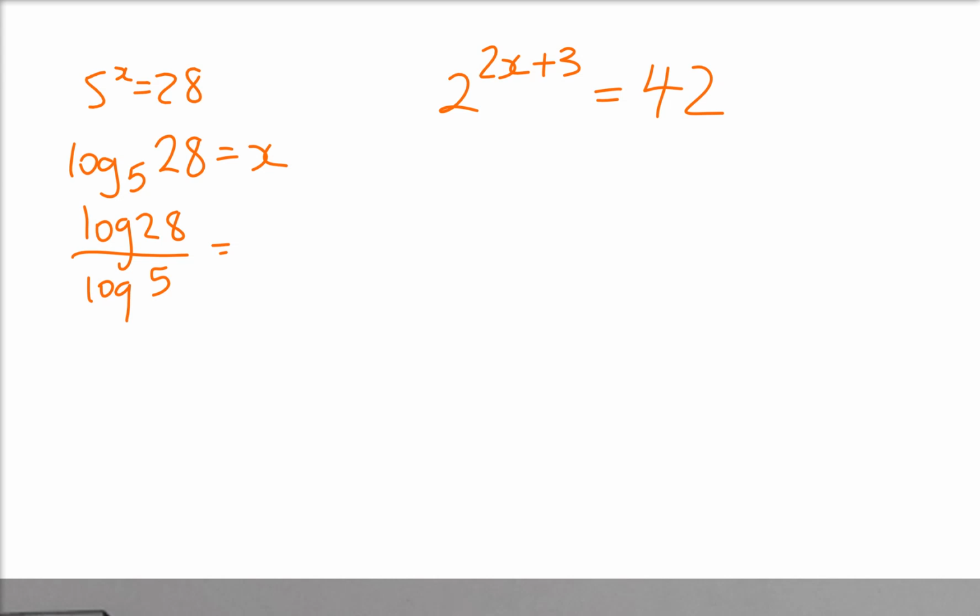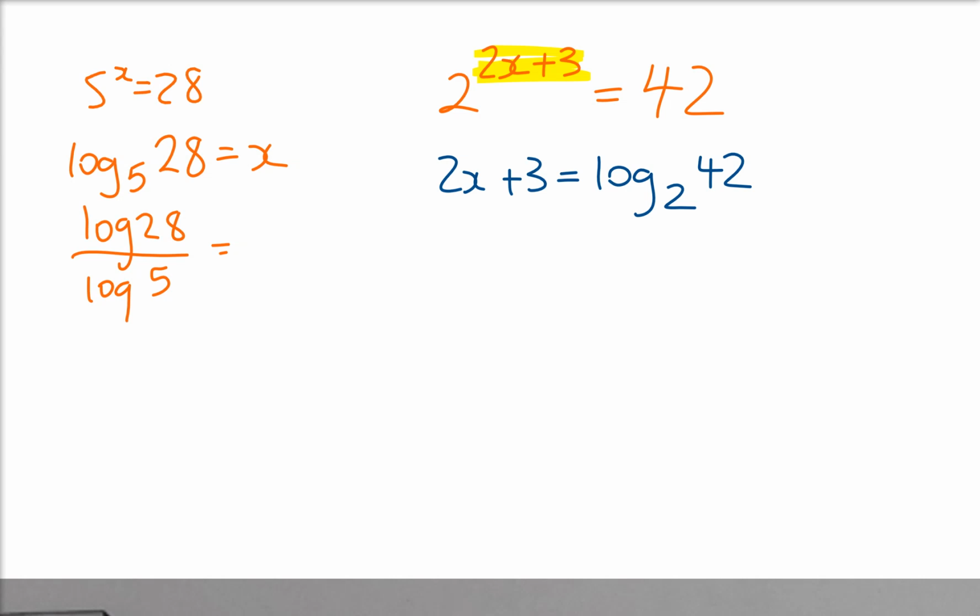How would you do that one? How could you do that one? Yeah, it's the same thing. This whole part up here is now exactly where it was before with our x. So it becomes 2x plus 3 equals the log of 42 to the base 2.